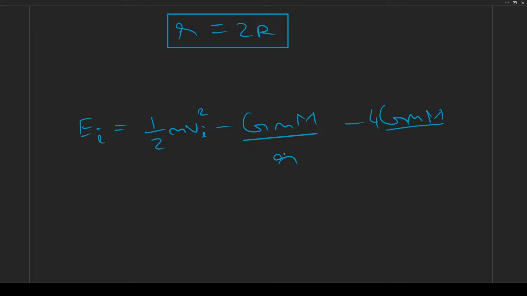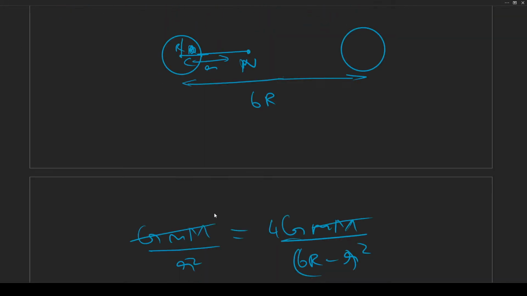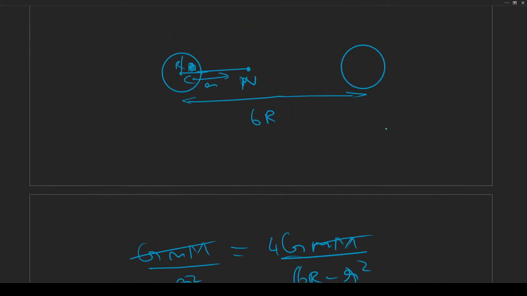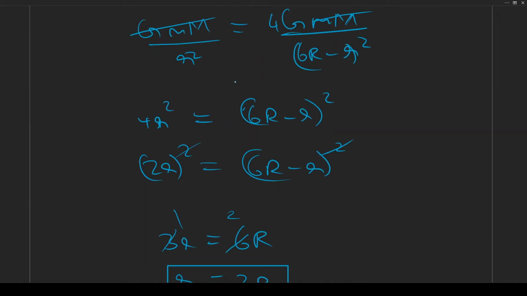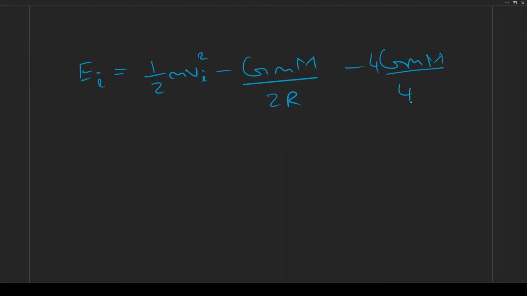This is not r. This should be this distance, that is 2r, and if this distance is 2r, then this should be 4r.